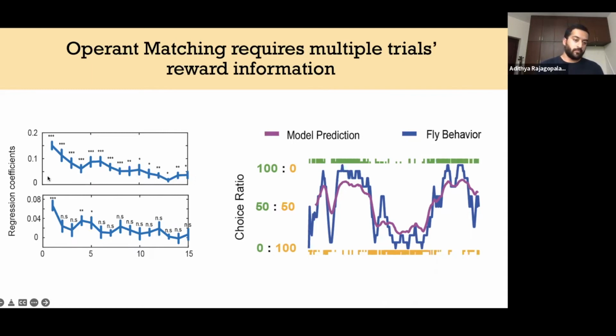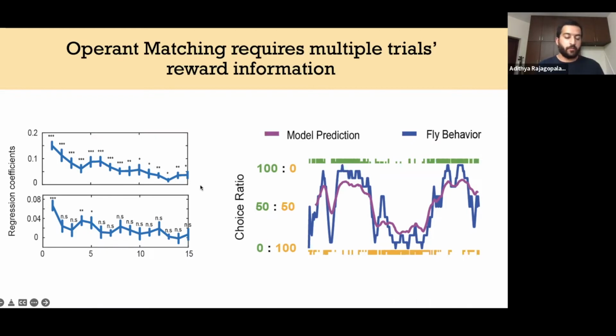So on the x-axis is the number of trials in the past that the information is being calculated for. The bottom panel is choice and the top panel is reward.